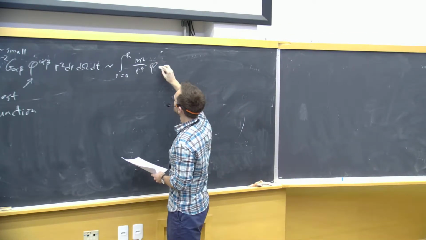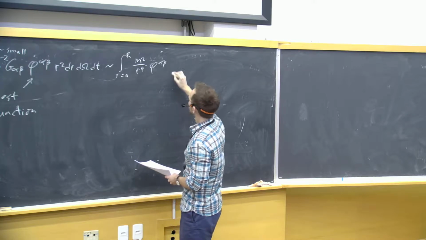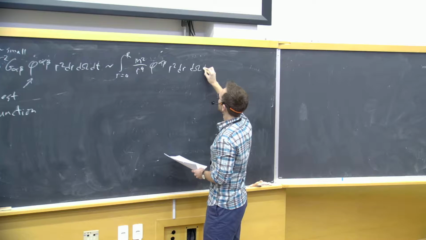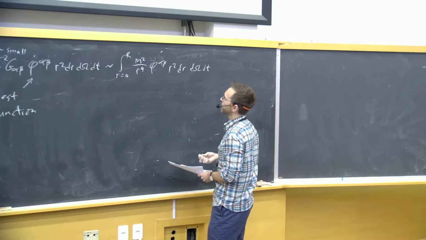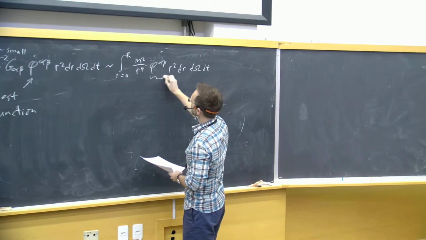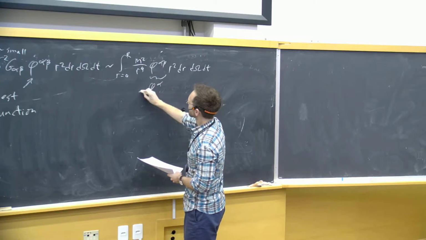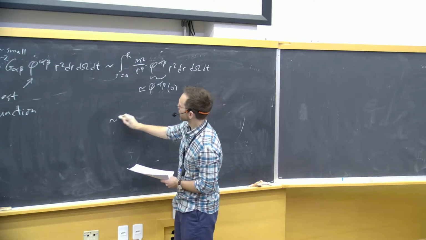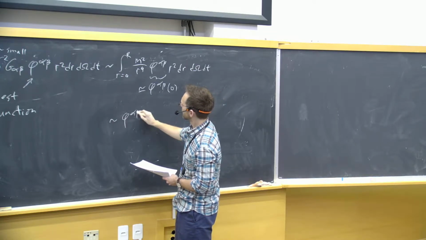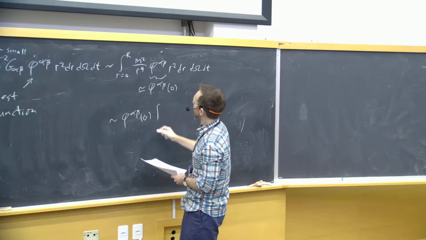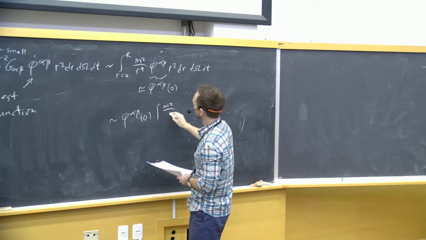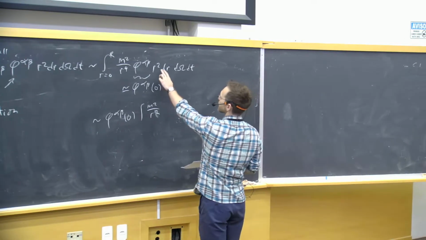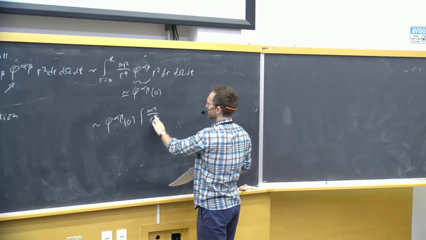And then we have phi and this r squared dr d omega dt. Phi is smooth, so we can approximate it as its value at r equals 0 and pull it out of the integral. What we've got is r squared divided by r to the 4 gives us 1 over r squared.